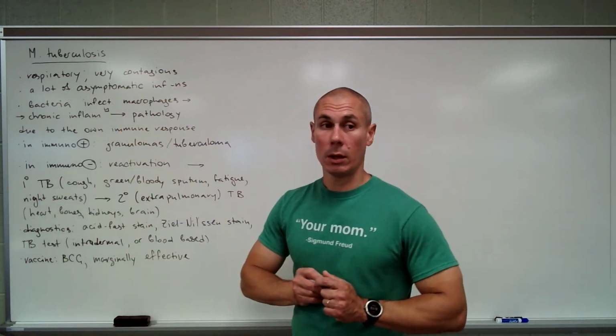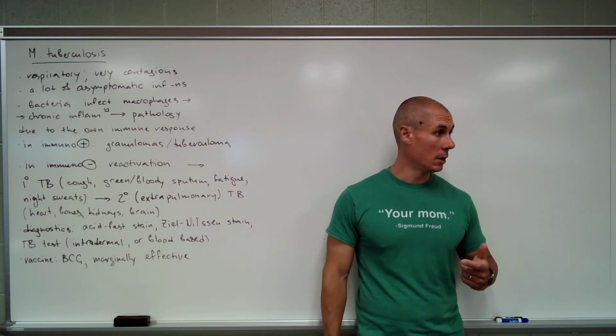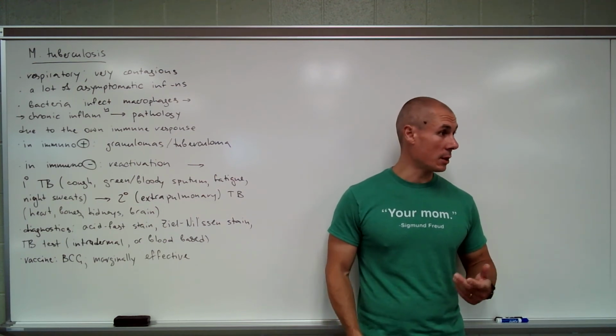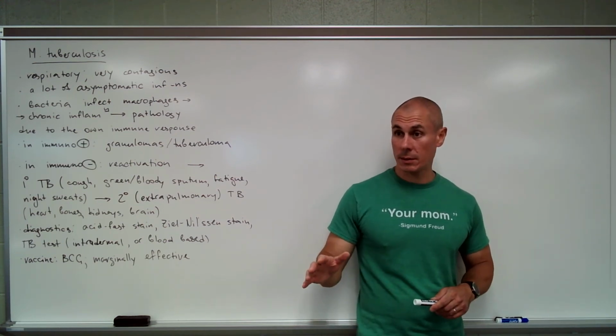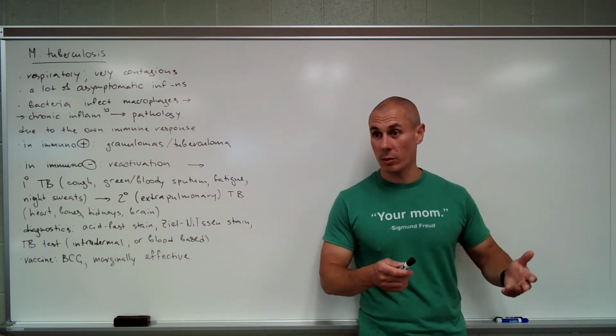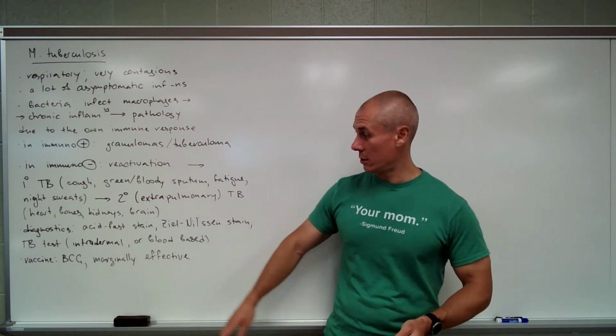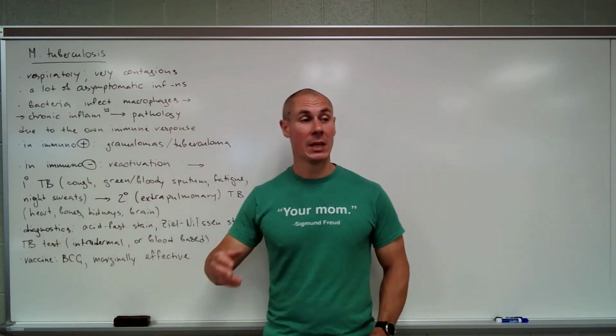So, in the United States, nobody gets the BCG vaccine because it will screw up the test results for tuberculosis. Once you get vaccinated, you can't really distinguish between your immune response to the vaccine and your immune response to an actual infection, and this is what gets tested in the TB test.